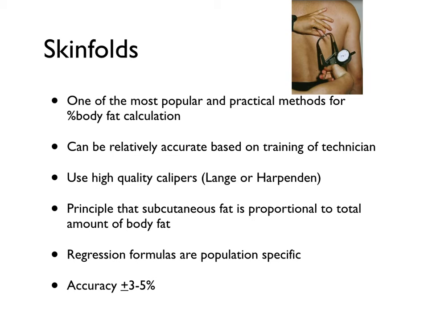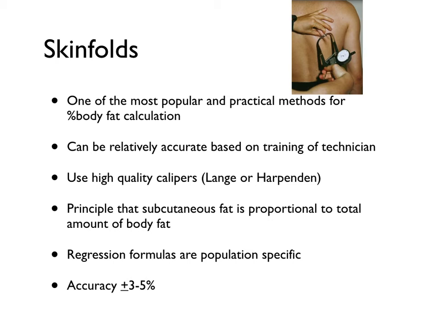Those came from, say, taking 20-year-old basketball players, taking these measurements, and then also doing underwater weighing, and trying to come up with a formula with which skin folds from different sites most accurately predict their body fat.